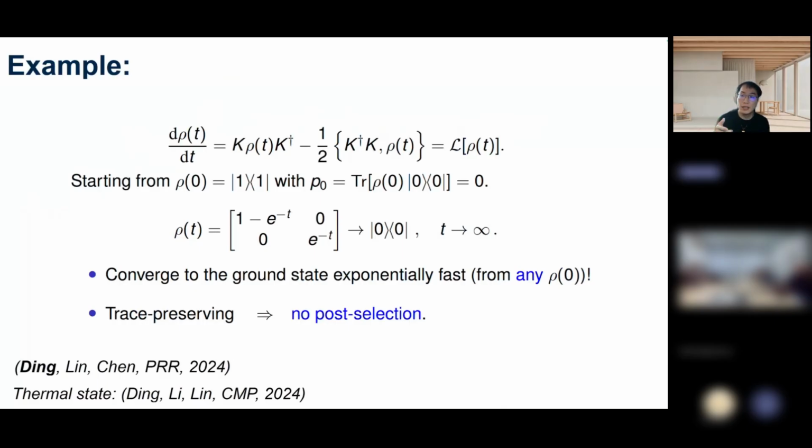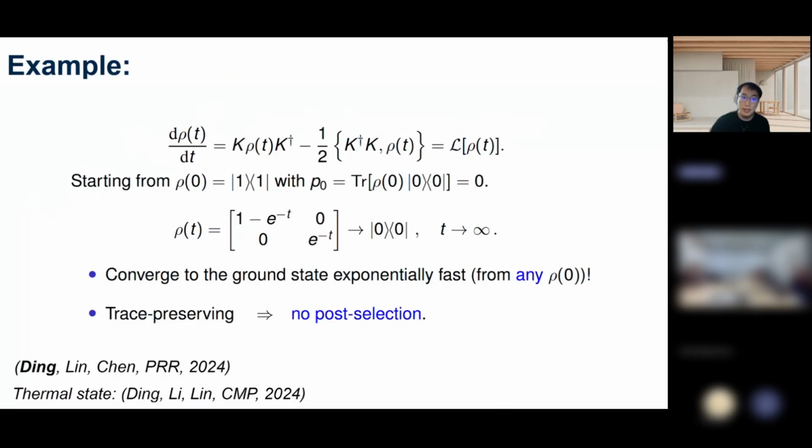However, if you plug the initial state into my linear dynamics, we can exactly solve the dynamics and find the formula of the solution. According to this formula, we can see that rho t will converge to the ground state exponentially fast. Although here we only consider one initial state, this property is actually true for any initial state. So we don't require a good initial state to ensure the success of our algorithm.